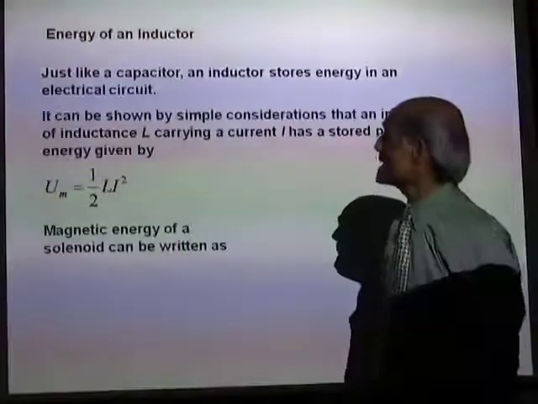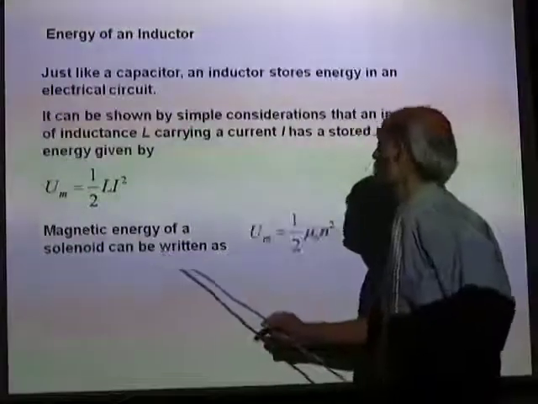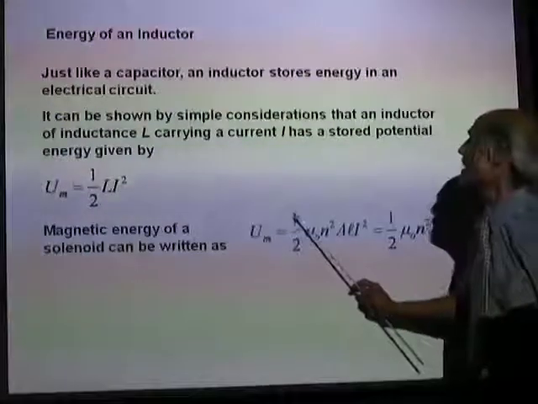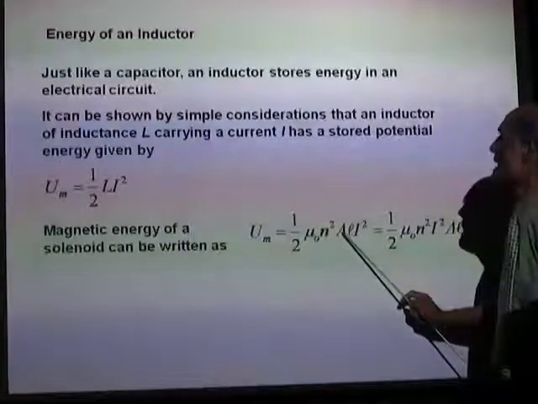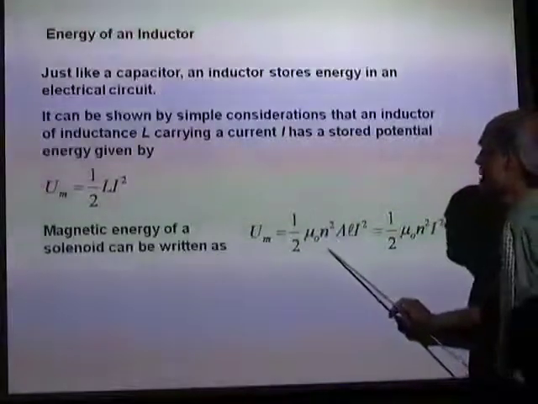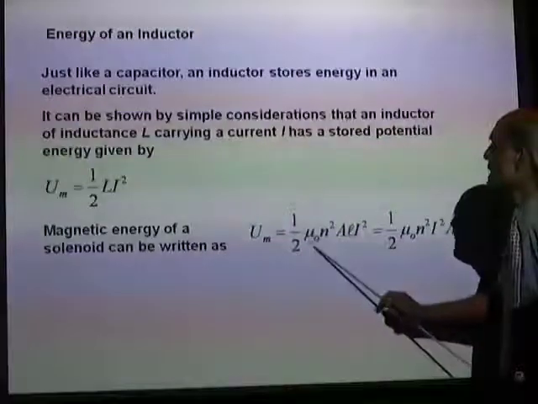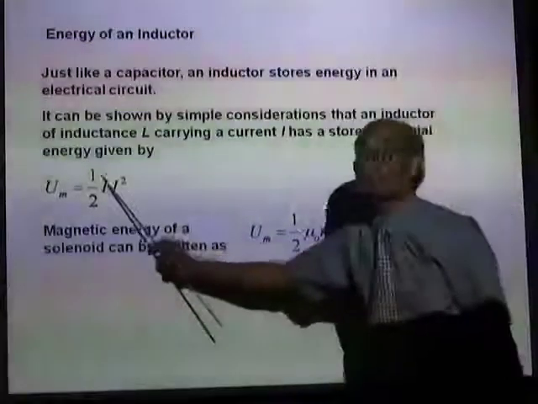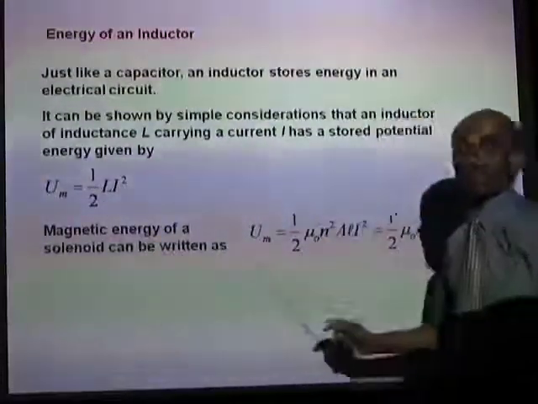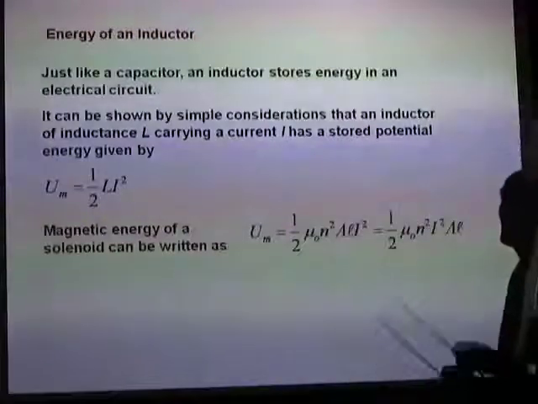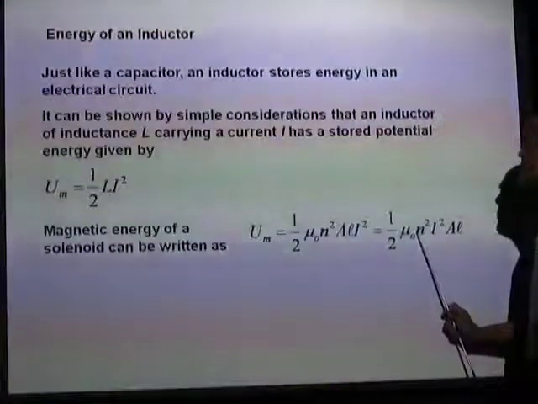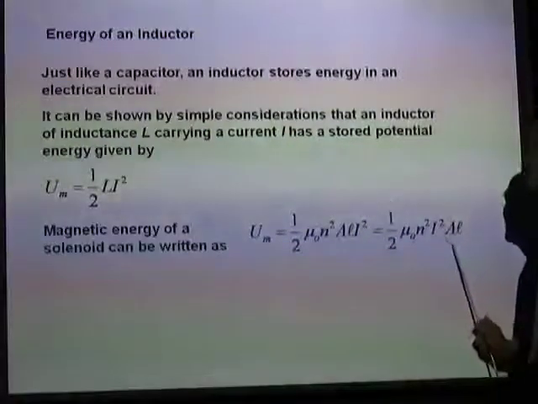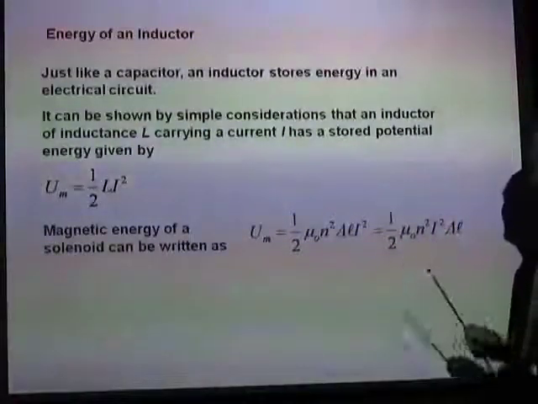Now, magnetic energy of a solenoid can be written as Um equal to 1/2 mu 0 n squared AL I squared. What does that quantity give you? Mu 0 n squared AL is the self-inductance, so we have 1/2 L I squared, or we can write it as 1/2 mu 0 n squared I squared times AL.